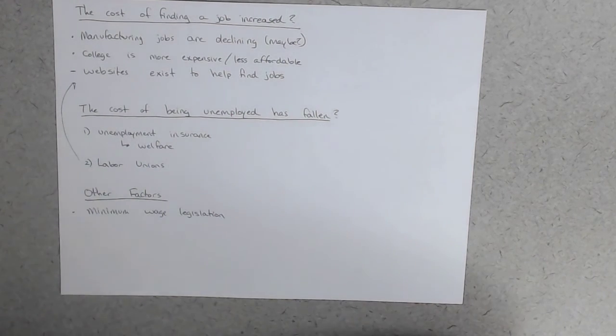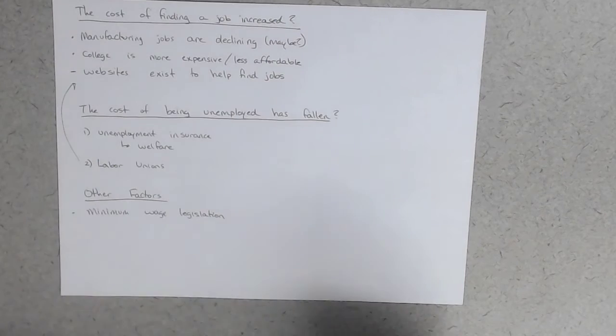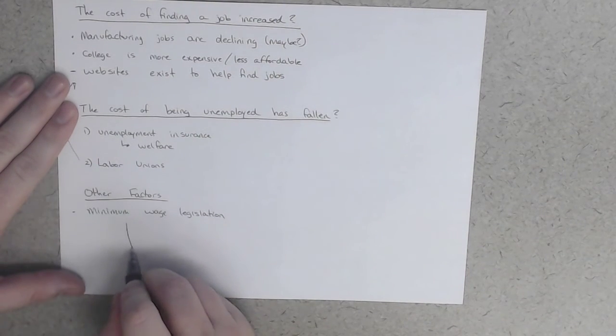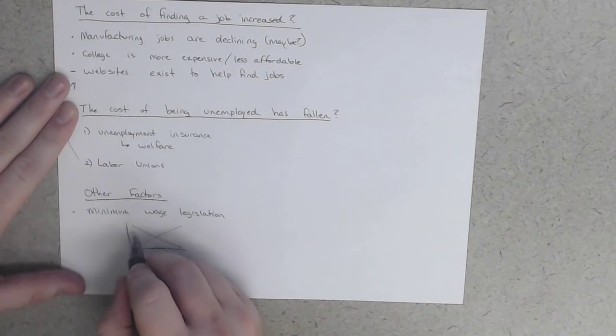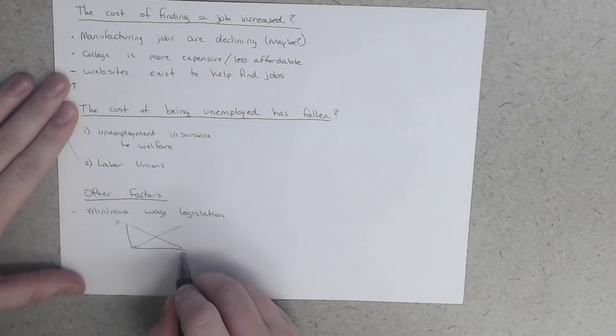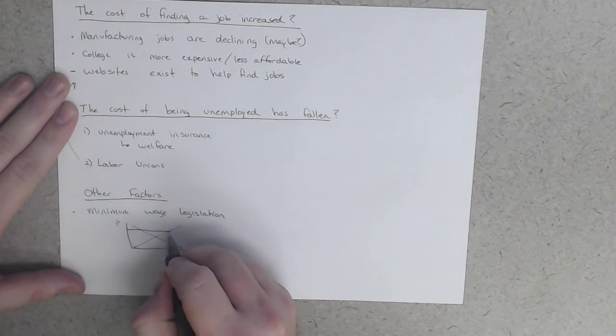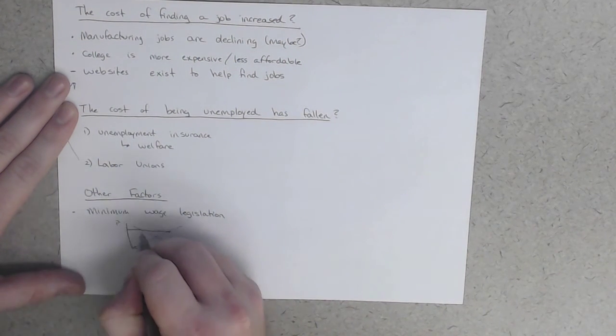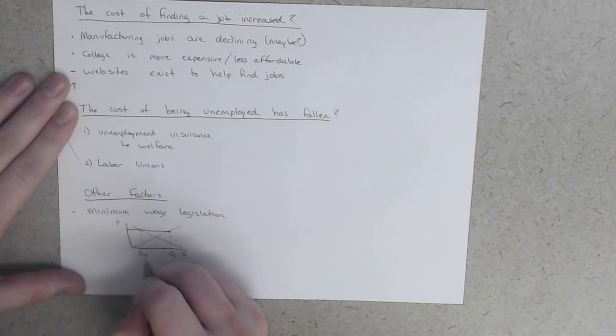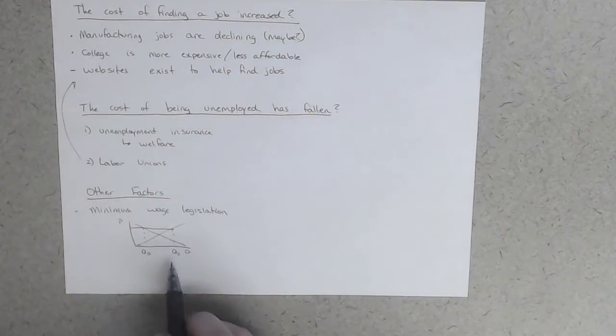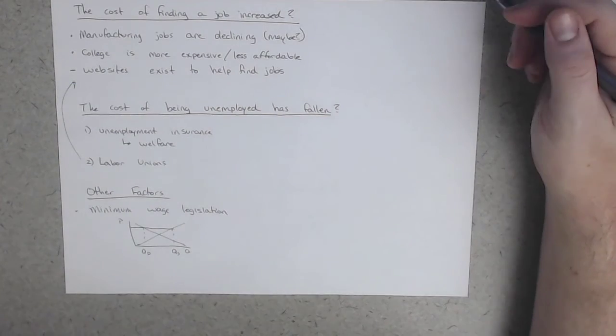Minimum wage legislation makes it more expensive to hire workers, but more workers are willing to work at those higher wages. And so what we see is a surplus of labor, where the quantity supplied exceeds the quantity demanded, and these people would be classified as unemployed.